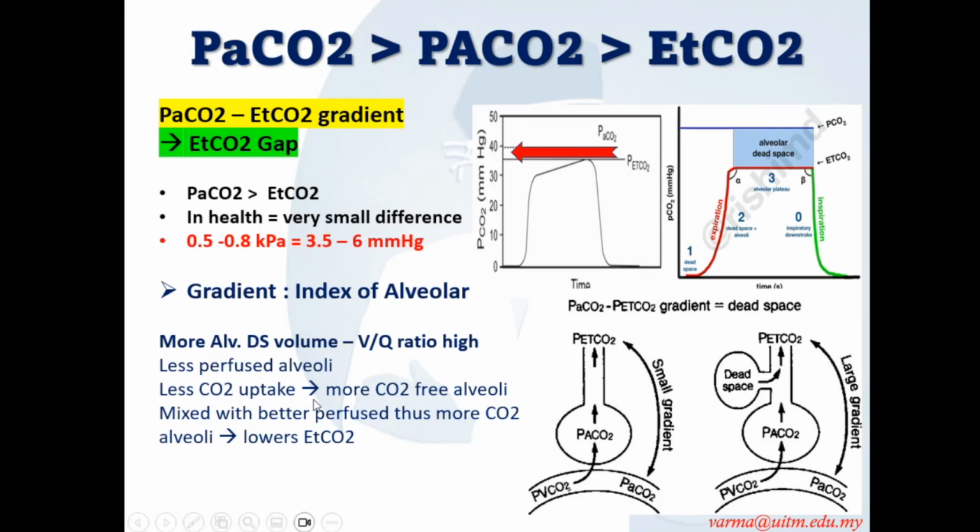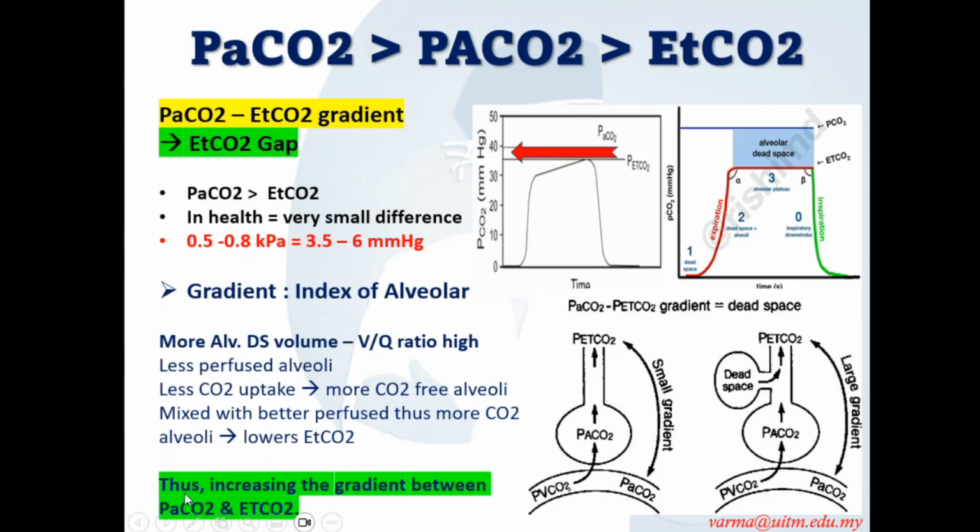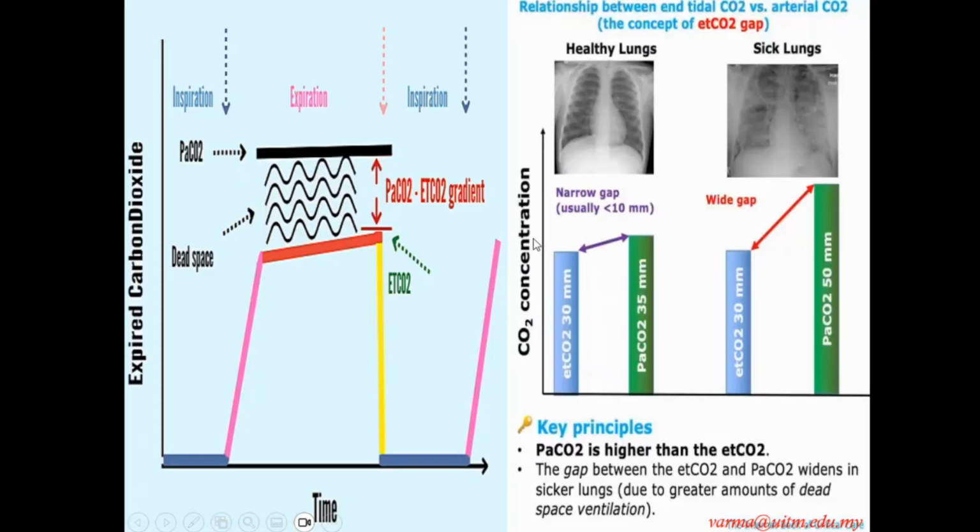These CO2-free alveoli mix with better perfused ones, lowering the EtCO2 and thus increasing the gradient between PaCO2 and EtCO2. So the higher the alveolar dead space, the higher the EtCO2 gap. Look at it: this is the healthy lung, where the EtCO2 and PaCO2 gap is low. In a sick lung, there is a wide gap.